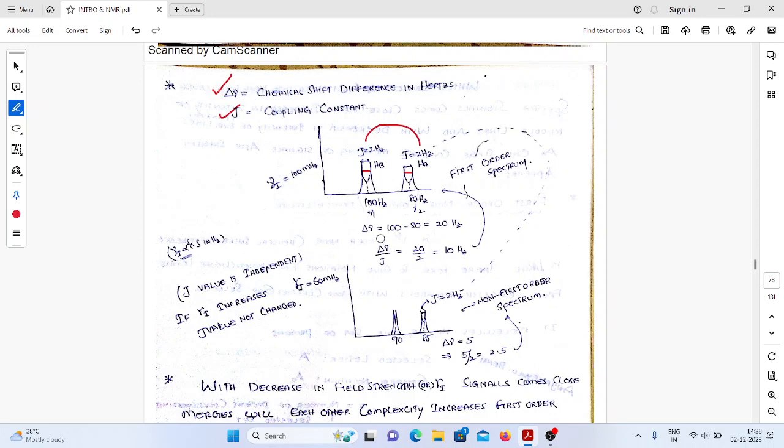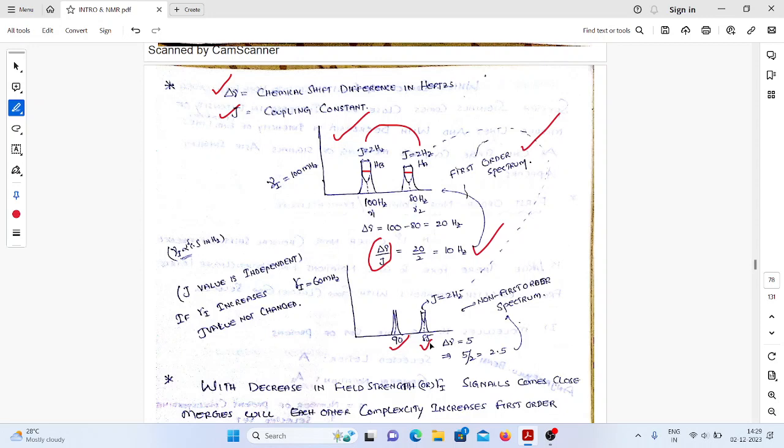Right? So calculate delta mu by J. 100 minus 80 is equal to 20. So coupling constant is 2. 20 by 2 is equal to 10. So delta mu by J is greater than or equal to 6 or not. That's why the spectra is commonly called a first order spectrum. Okay, if you see the second case, 90, 85, the J value is the same.